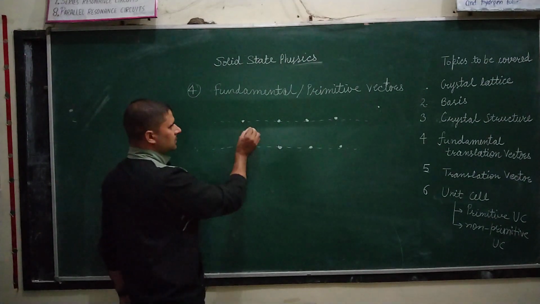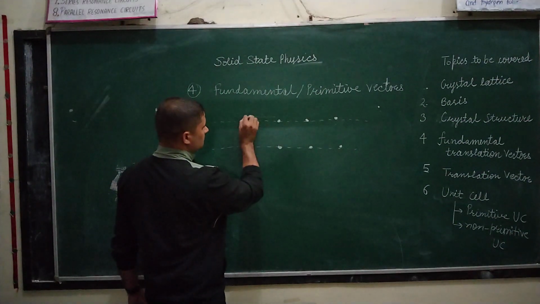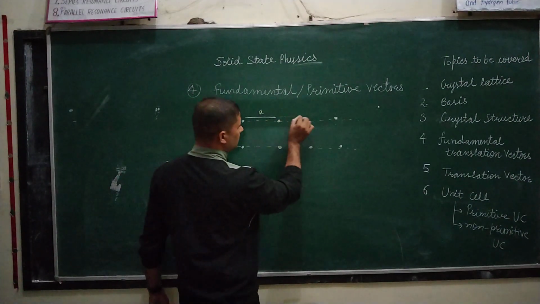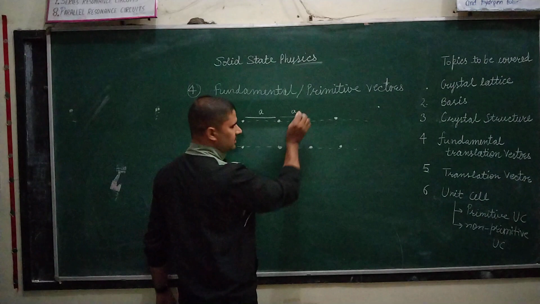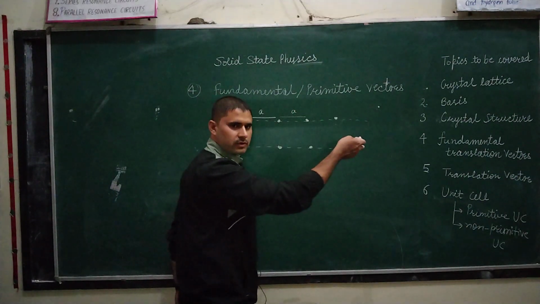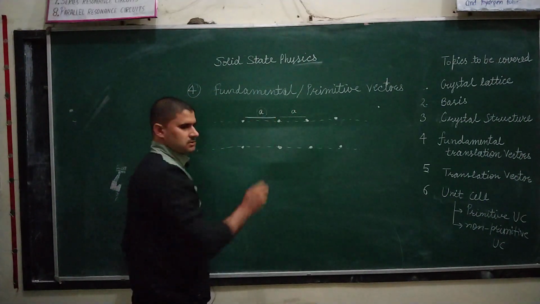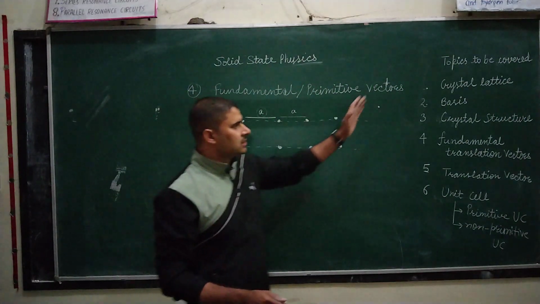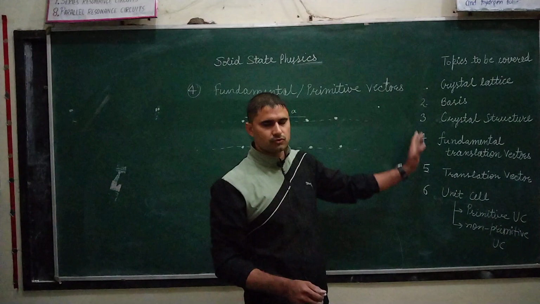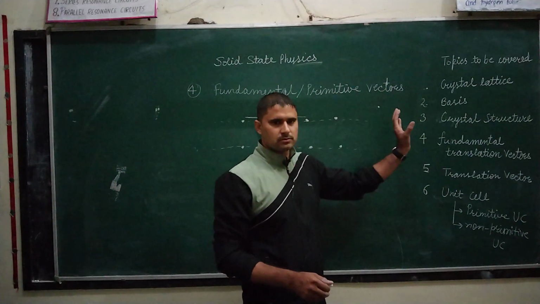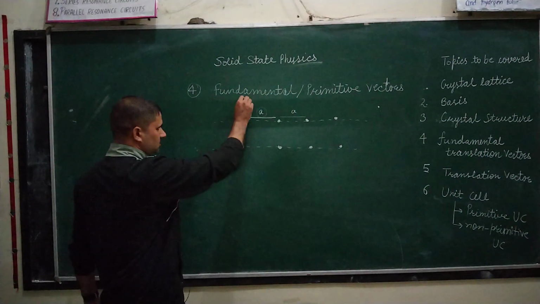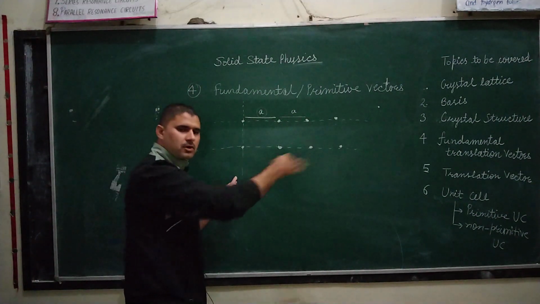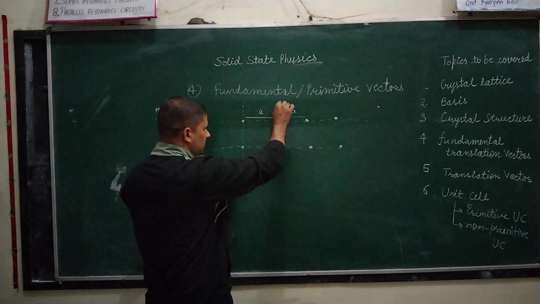Okay, meaning to say, if you see the distance between these particles, let it be a, then another particle along this direction will be present at a distance a. So this is the unit distance which is repeated over and again to form the crystal lattice, to form the crystal structure. Now I am changing the direction. And you can draw infinite number of lines along this direction.